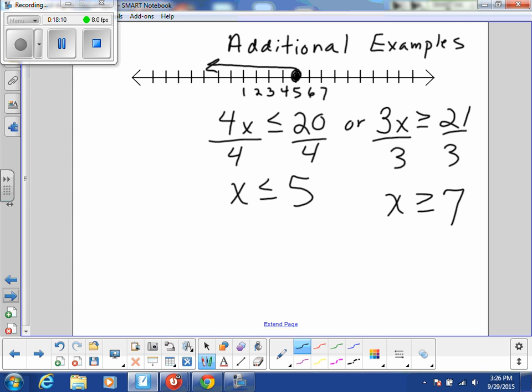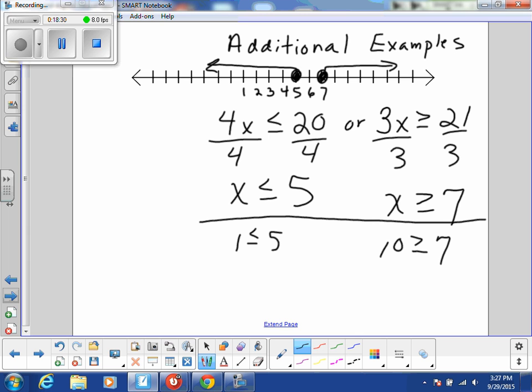And look at the numbers I'm shading in. Numbers like 1. 1 is less than or equal to 5 for a test value. Numbers that are greater than or equal to 7 go this way. Numbers like 10. 10 is greater than or equal to 7.